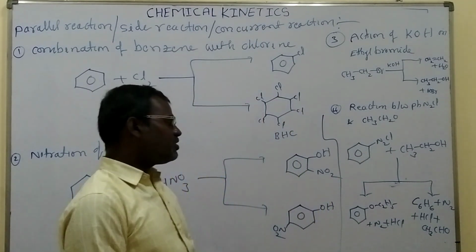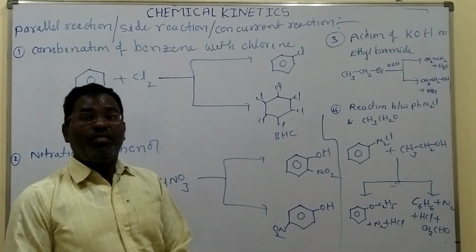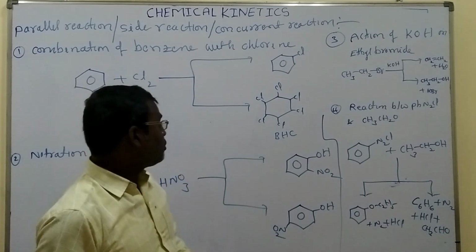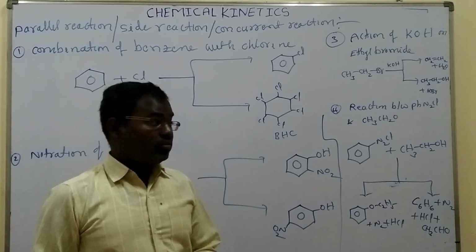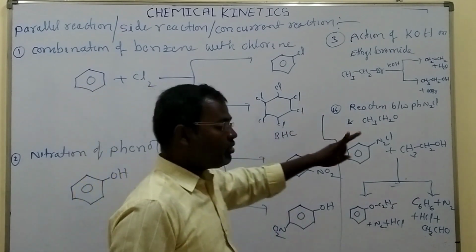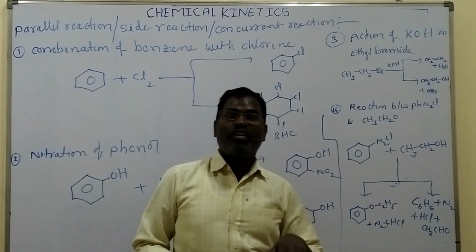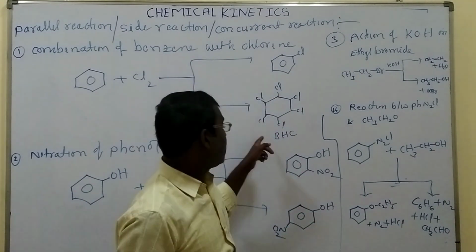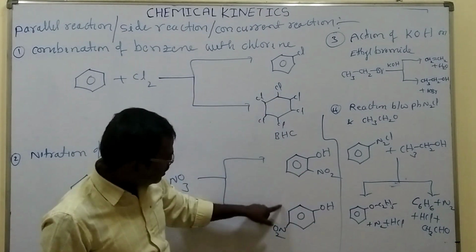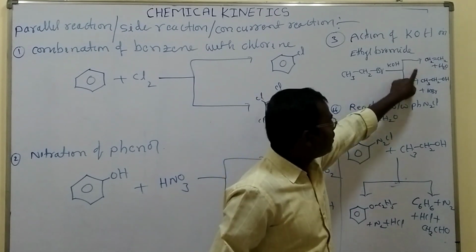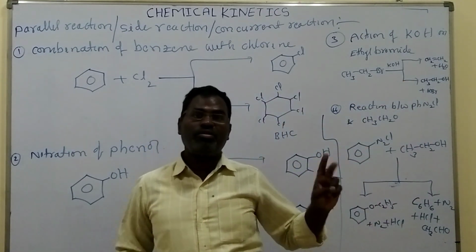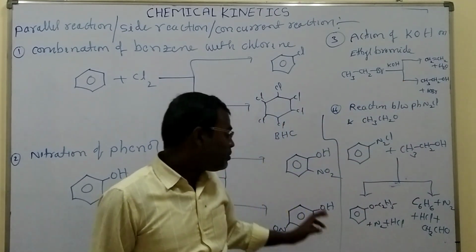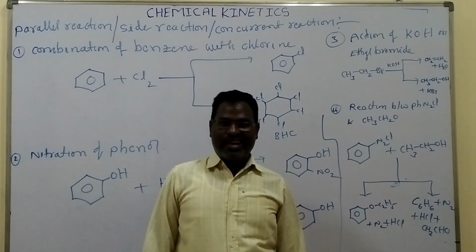Therefore, chemical reactions which proceed through more than one path give different products. In all the cases we have two paths, giving different products, and that is why these are called parallel reactions.